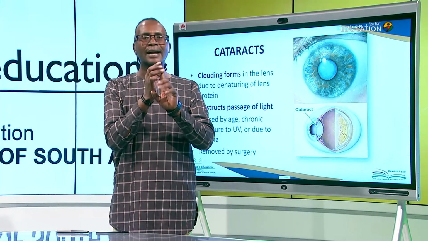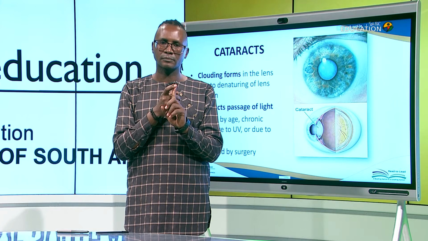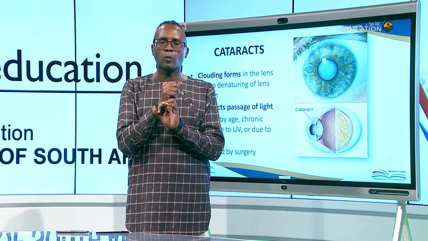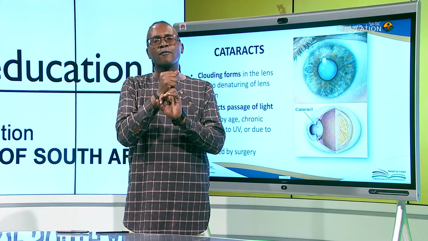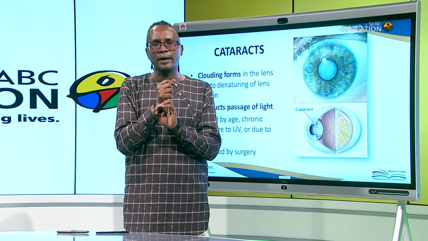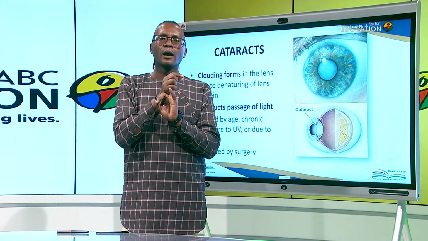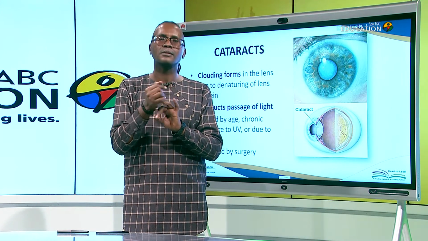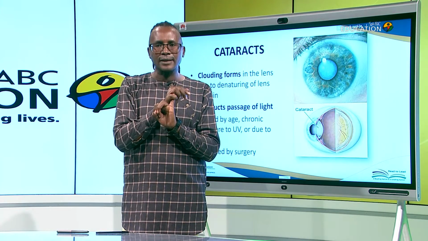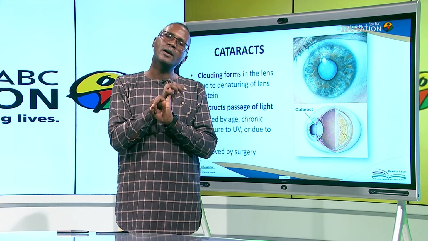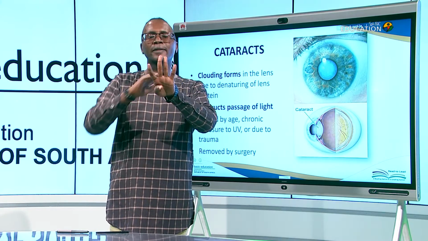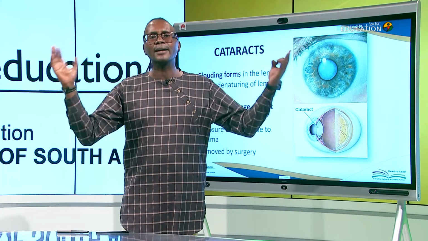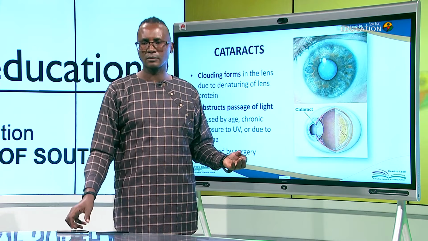The treatment of cataracts, surgery. The treatment of astigmatism, wearing glasses that are formulated according to the surface of the cornea. Short-sightedness, wearing converging lenses. Long-sightedness, wearing converging lenses. So out of the four, the first three, when you write wearing glasses, contact lenses, you'll be given a mark.